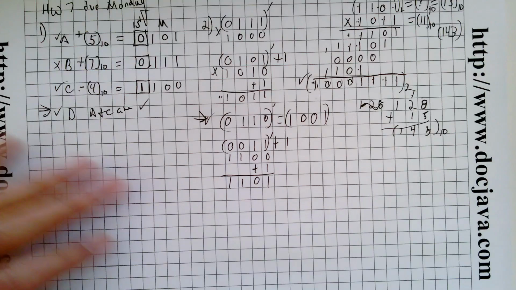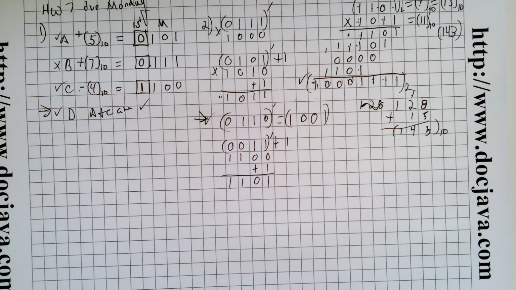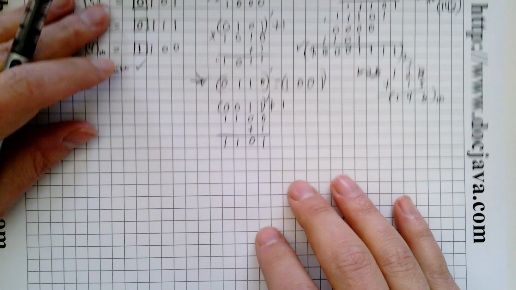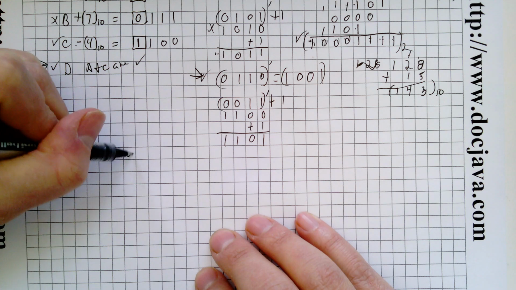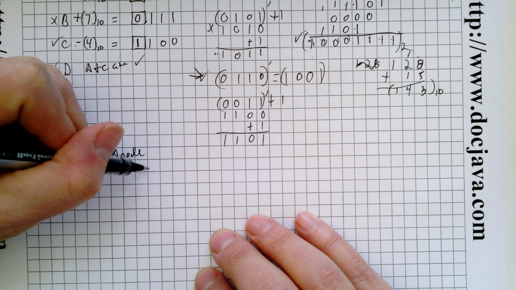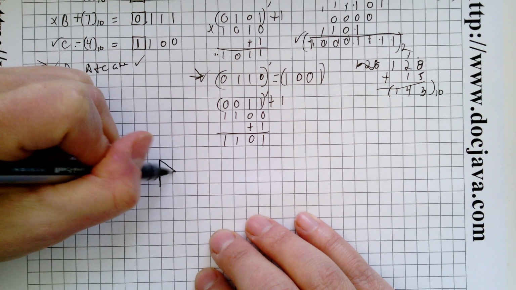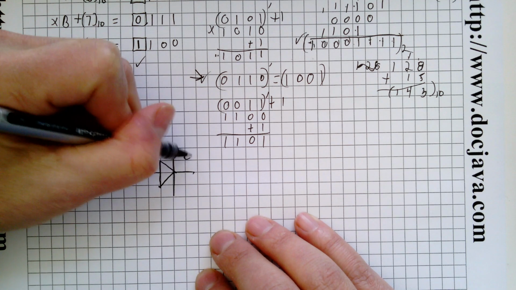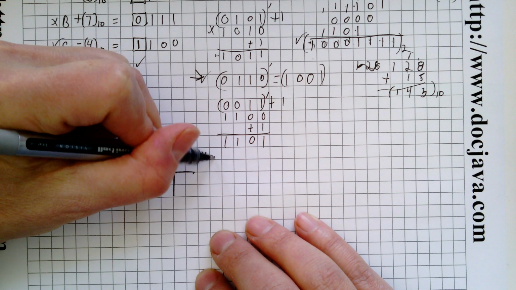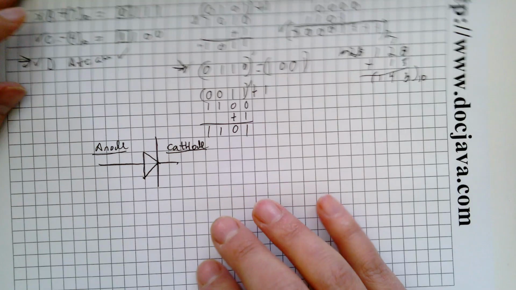All right, now let's have a discussion about light-emitting diodes. So a diode consists of an anode and a cathode. These names date back to Michael Faraday, interestingly enough.